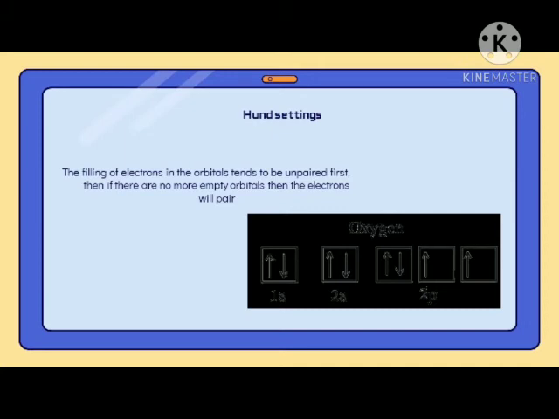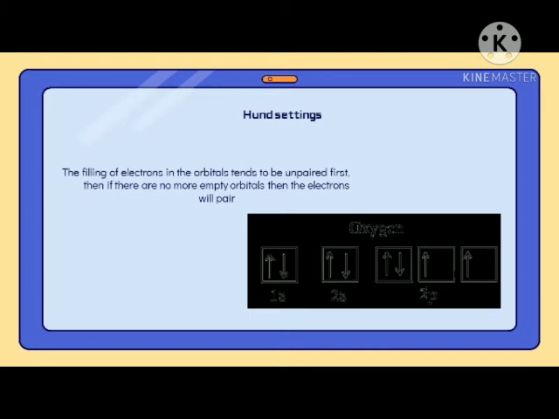Next, Hund's rule. If the orbitals have equal energy, then the electrons occupy them singly with the same spin before pairing with electrons that have different spin. Suppose that the oxygen atom has 8 electrons. The configuration based on the above rules is 1s2, 2s2, 2p4.